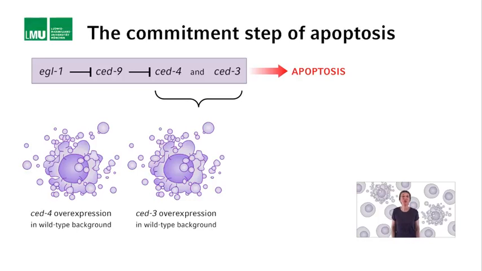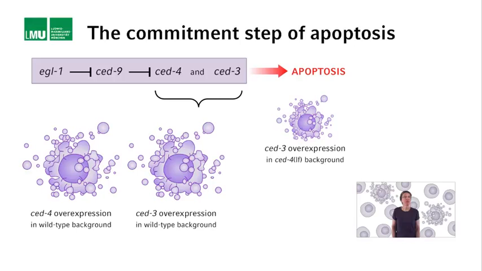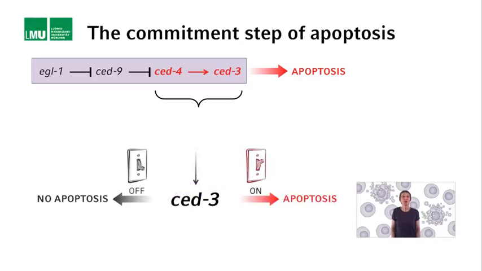The result of these studies was that the overexpression of SET3 can induce apoptosis in the absence of SET4, whereas SET4 is unable to induce apoptosis in the absence of SET3. The conclusion from this result is that SET4 acts upstream of SET3 to activate SET3, and that SET3 activation can be sufficient to commit cells to the apoptotic fate, to trigger the switch, basically.